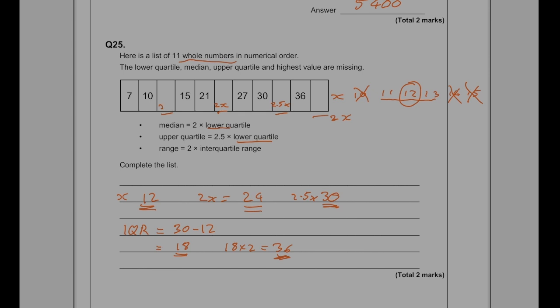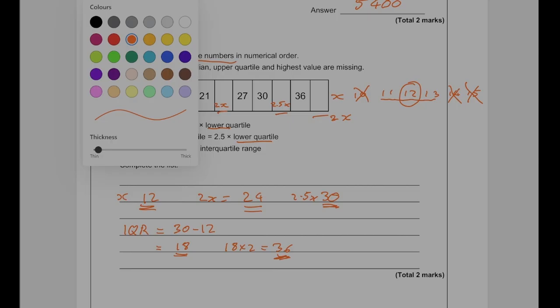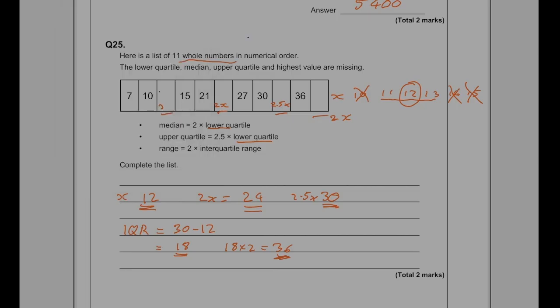So I'm going for, let's change pen color to put these in. So I'm going for 12, and I'm going to miss one out for a second. 12, 24, 30, and then this is 2 times the interquartile range, so we want the range to be equal to that, so we've got to add 7 to that to actually get the largest value.